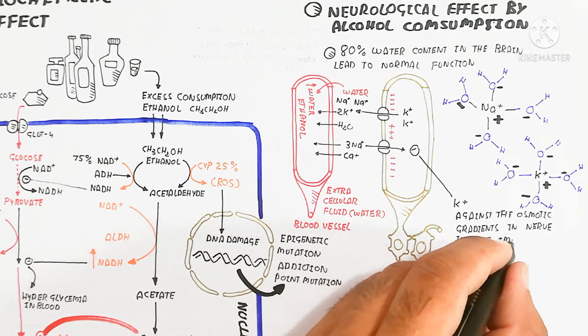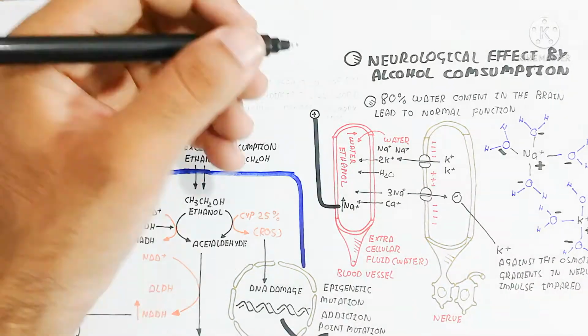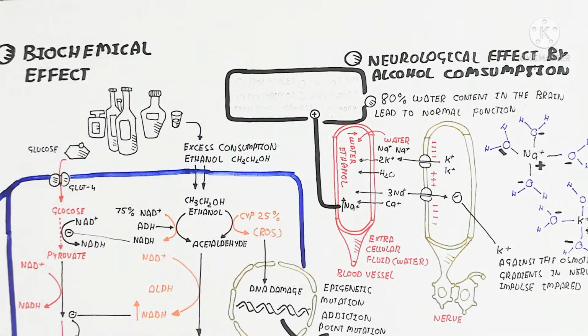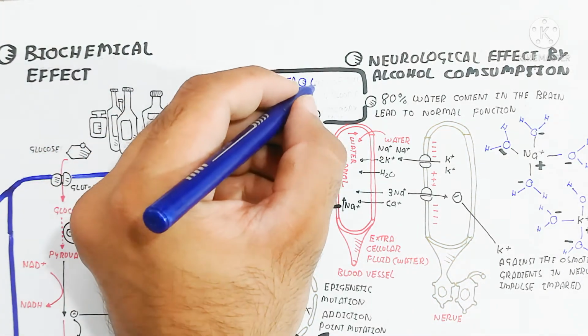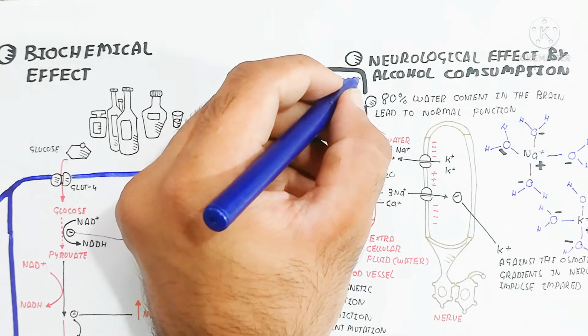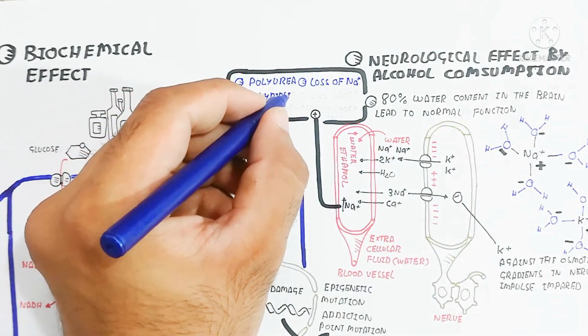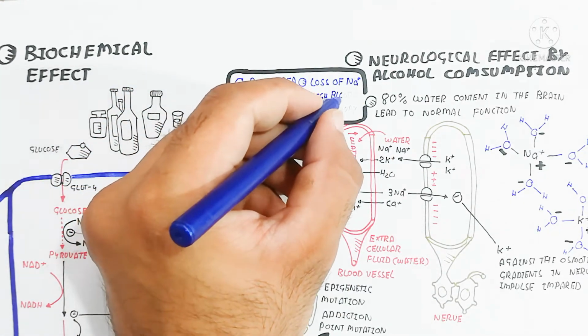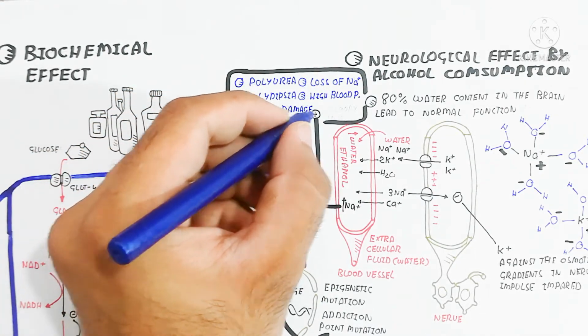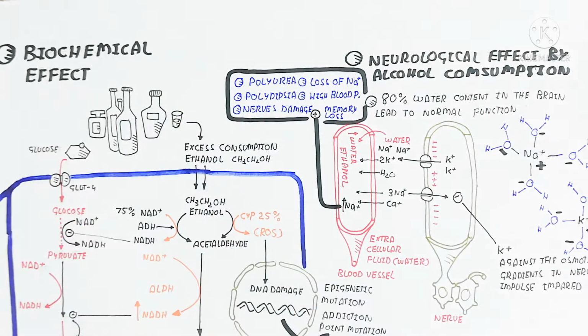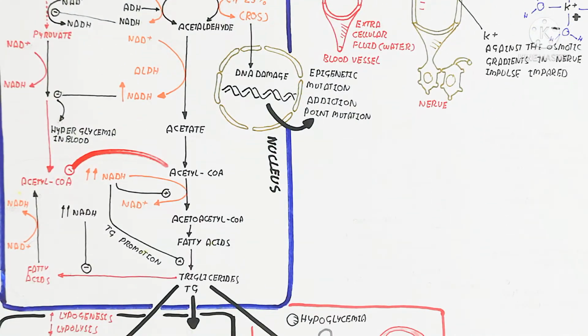The deficiency of potassium and sodium in the nervous system will lead to increased polyuria due to loss of sodium, and polydipsia due to the high urination, and high water level in the blood circulatory system, high blood pressure, nerve damage and memory loss.